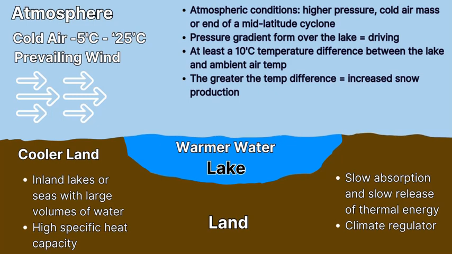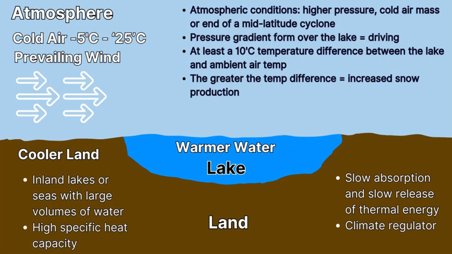Well, water in general has a high specific heat capacity, which means it is slow to absorb and slow to release heat or thermal energy, which means it is a good climate regulator, especially oceans. However, with smaller inland lakes or seas, you have that enclosed land around it, which is generally colder, especially during the winter months.